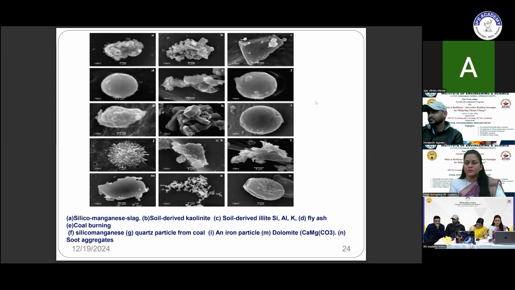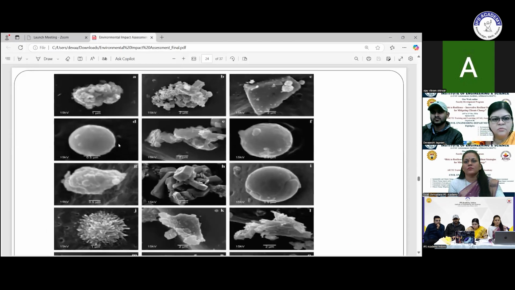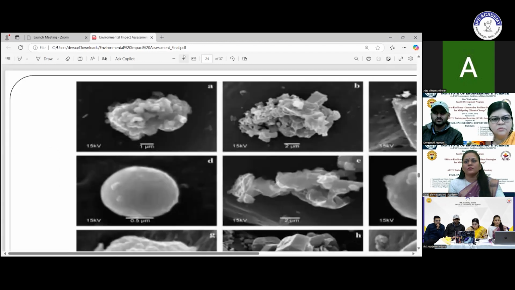Here it is already given that the first one is the A part. Madam, please zoom in a little on the A part.